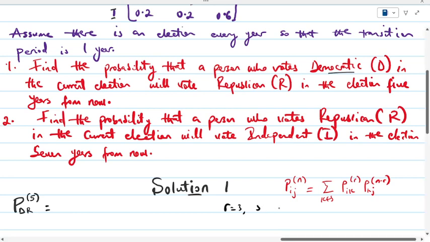With the help of the Chapman Kolmogorov equation, I have the summation over k belonging to the state space of the probability of moving from i to k over 3 steps, which is my r, times the probability of moving from k to j over n minus r steps, which is 2.